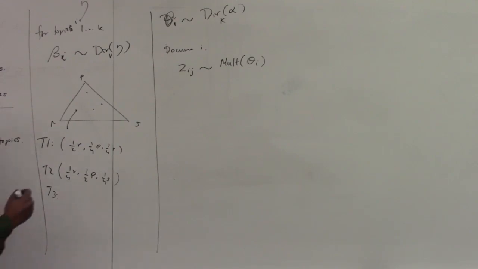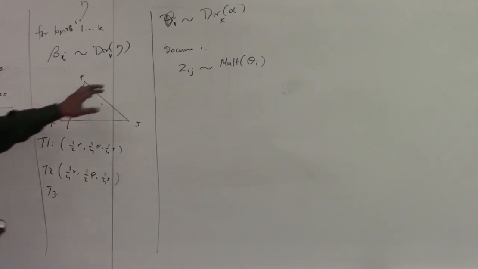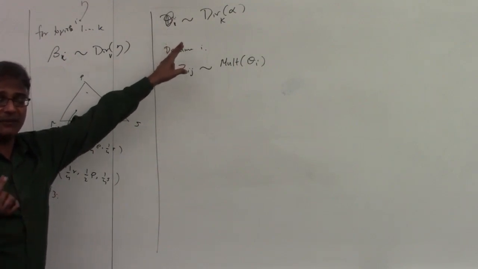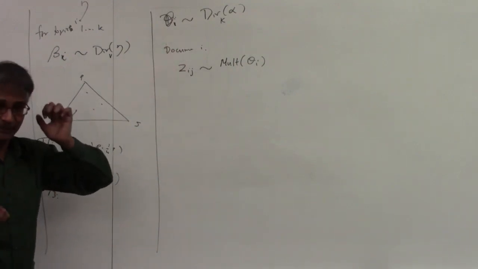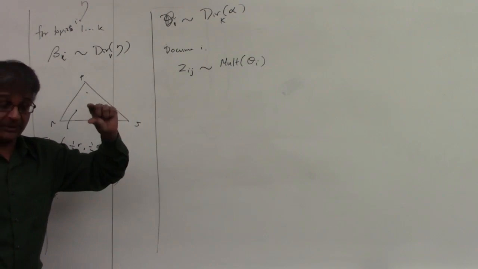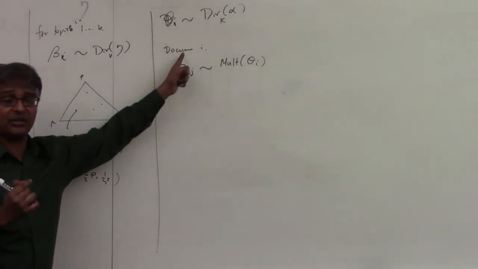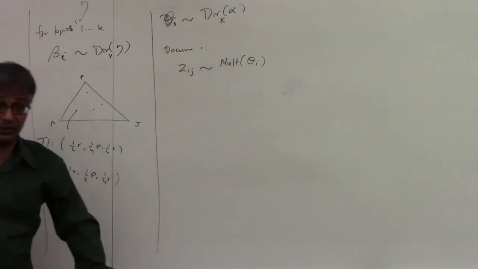Can you explain this thing once more? Okay, good. For each document, I have chosen a vector of parameters theta_i, which is really k numbers, a point on the k minus 1 dimensional simplex, which describes the relative fraction of the topics inside that document.